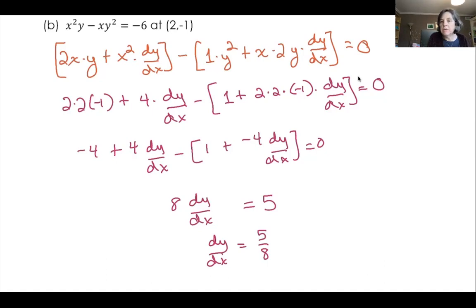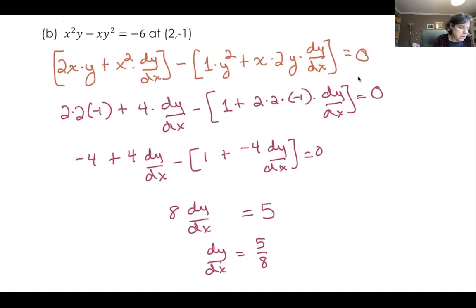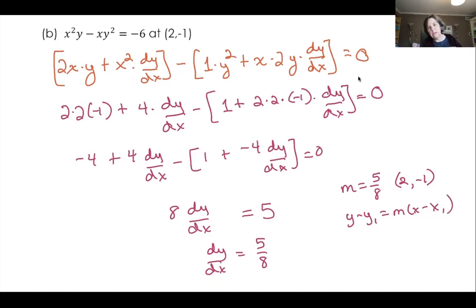Okay. Oh, I did ask for the equation. So let's do the equation of the tangent line. So I have the slope is 5/8 and the point is (2, -1). So remember, most of you, I think, are using this. Some of you are still using the y equals mx plus b. You can.